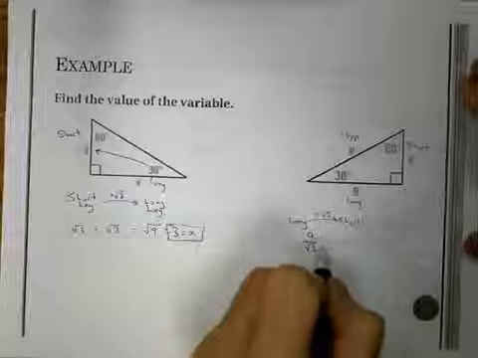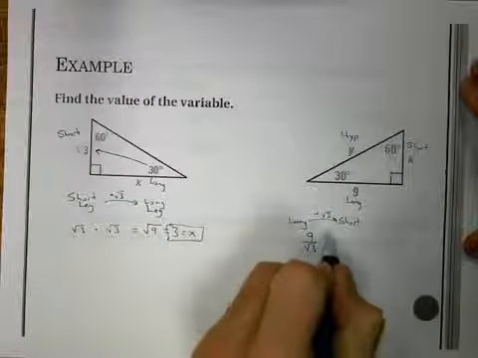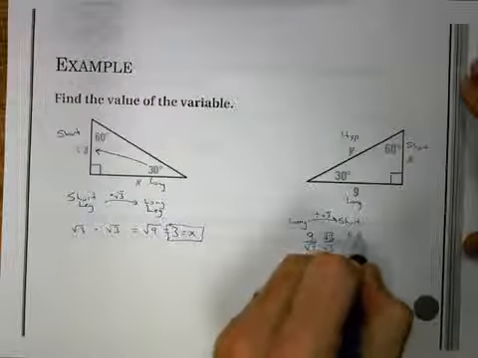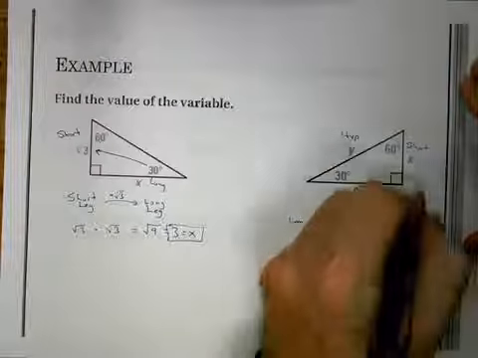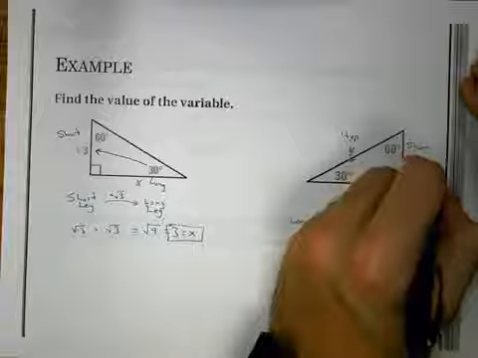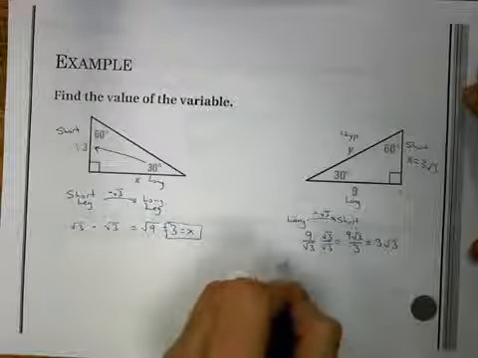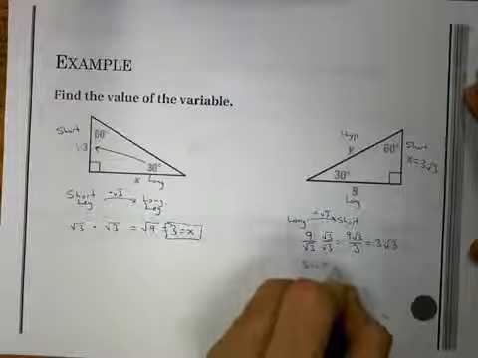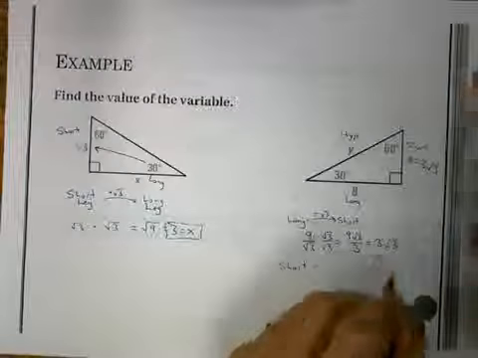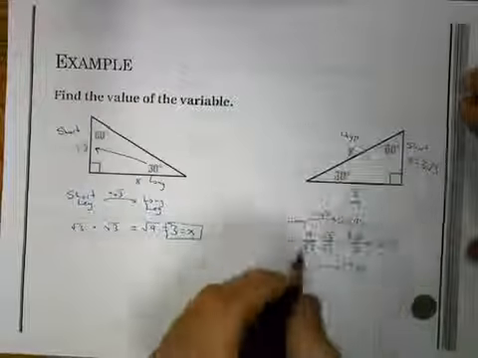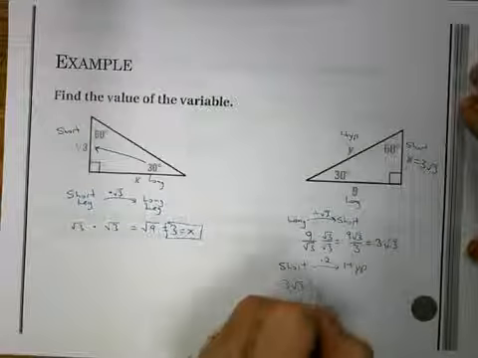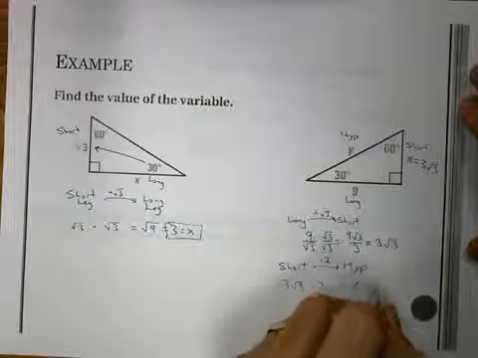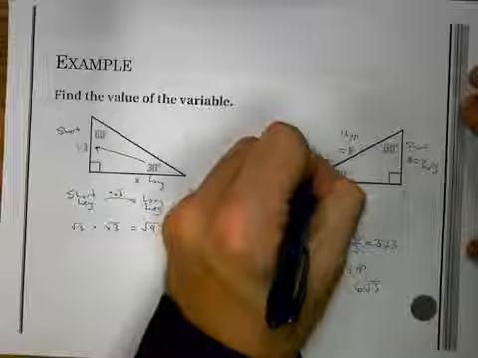So we're going to do root 3 over root 3. That gives us 9 root 3 over 3, or 3 root 3. So that's x. Okay, and now we're going to finish up and go from the shorter leg to the hypotenuse, which we said earlier was just multiplying by 2 because it's double. So 3 root 3 times 2 gives us 6 root 3 for y.